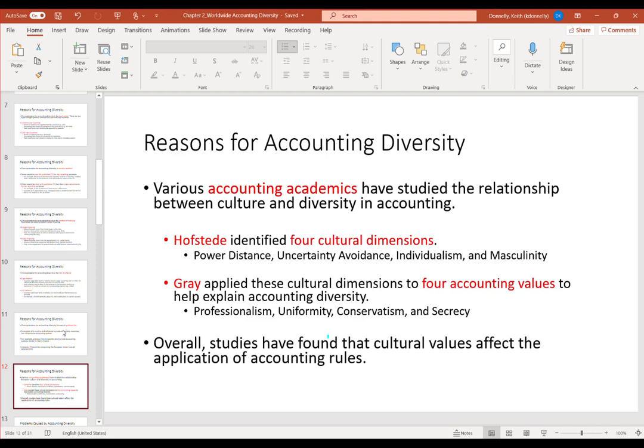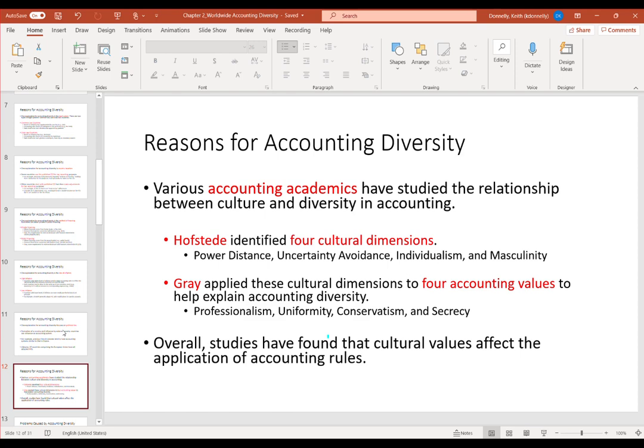So, there are accounting academics who've looked at this. We have the Hofstede and the Gray model here. They're looking at cultural dimensions, things like power distance, uncertainty avoidance, individualism, masculinity. And Gray here applied these cultural dimensions to accounting values to help explain it.